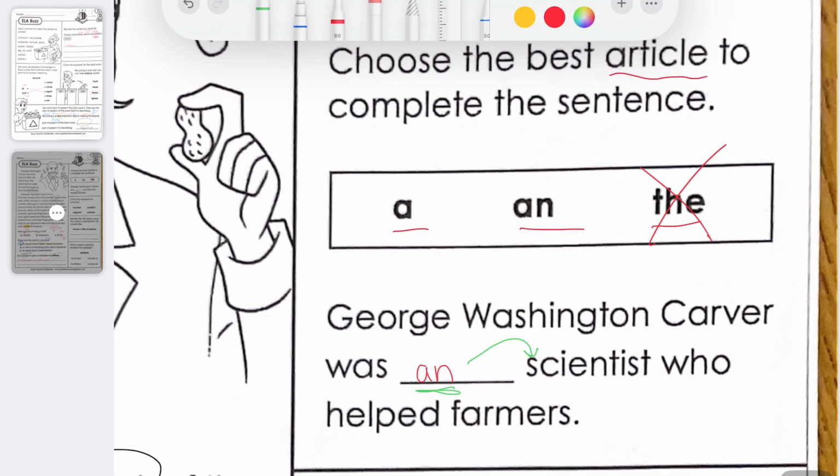So this is a consonant. It's not a vowel, so you wouldn't use an. So like an egg. Egg, E is a vowel. And ice cream. Cone, something like that. You use an with anything that has a vowel starting the next one. So it's not an, it's a. George Washington Carver was a scientist who helped farmers.